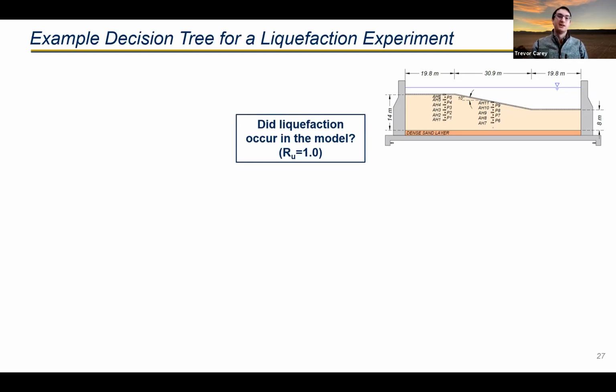This is simply the gravity forces of the soil being equal to the water pressure pushing up, a common definition of liquefaction. Going down the right-hand side of this path, we say, well, no. Did liquefaction occur? No. What would we do then? Did RU exceed 75%? So did we get 75% of liquefaction? Yes.